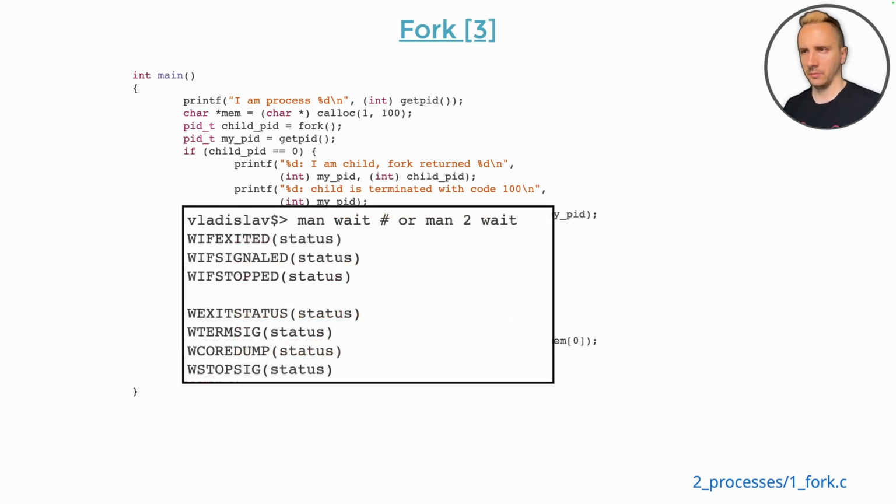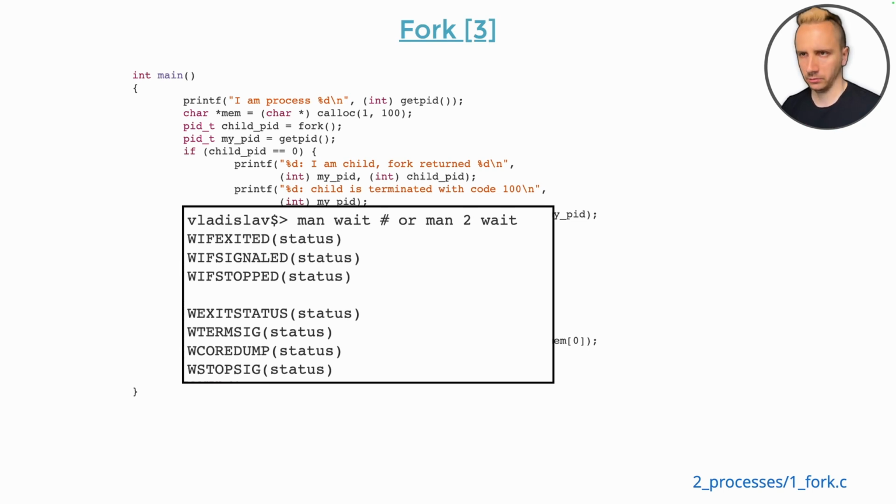And there are some other macros which you can also look up in the documentation for other different reasons of exit. So for example, a child process perhaps was killed by a signal. For example, it got a segmentation fault. Then it was a segmentation signal, SIGSEGV, or it was killed using SIGKILL.